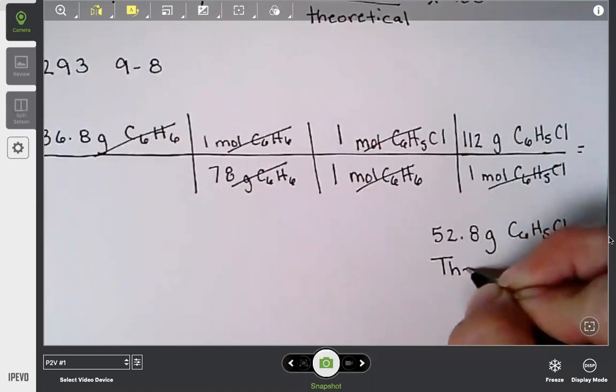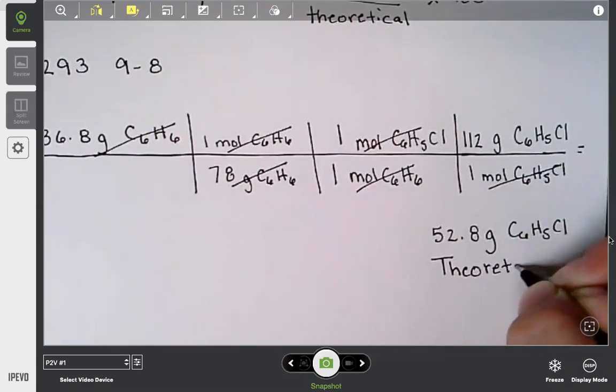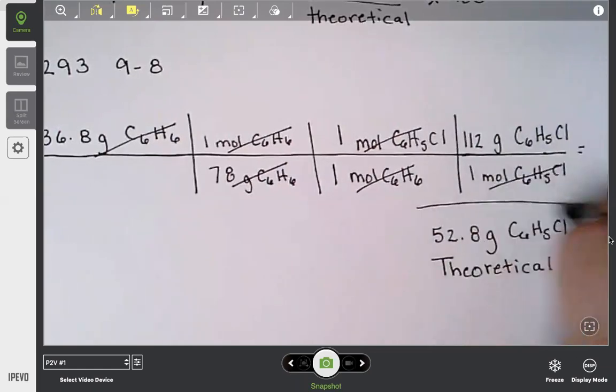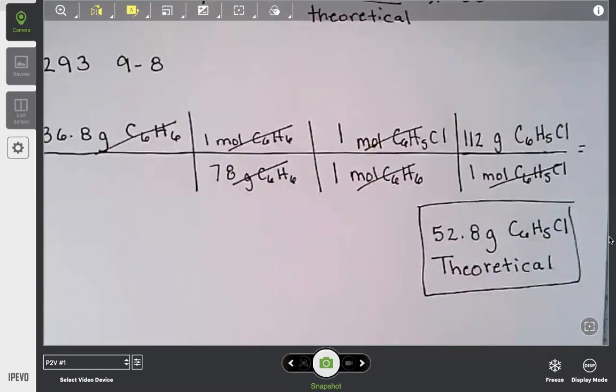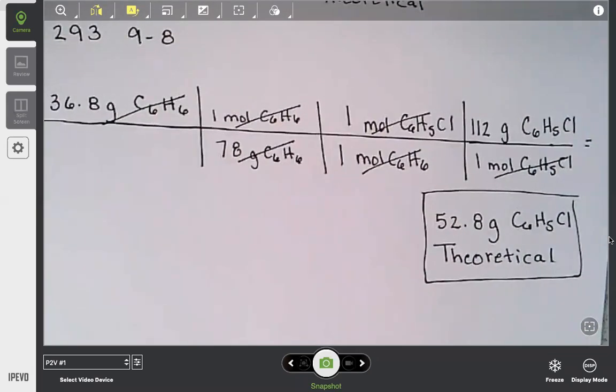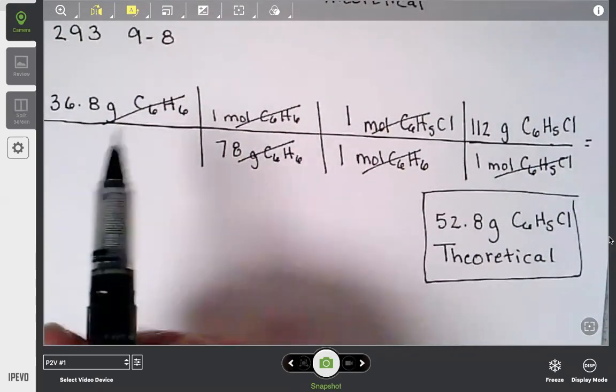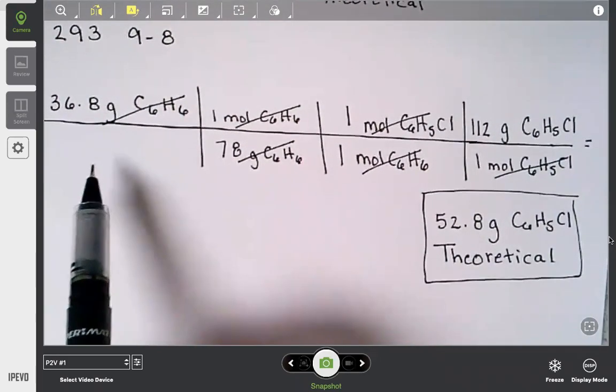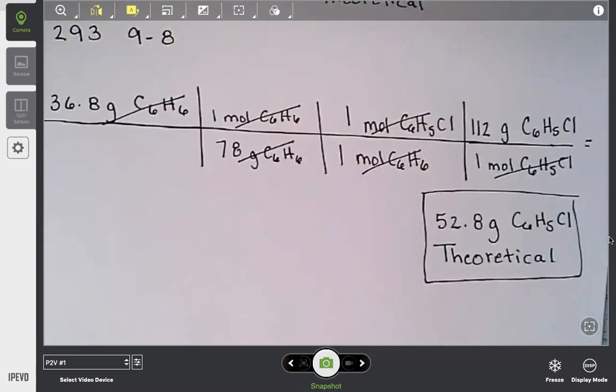This is what you just calculated, the theoretical yield. You did mass-to-mass stoichiometry in order to determine what can be created. If everything was perfect, and I started out with 36.8 grams of benzene, the absolute most chlorobenzene that I could create is 52.8 grams.